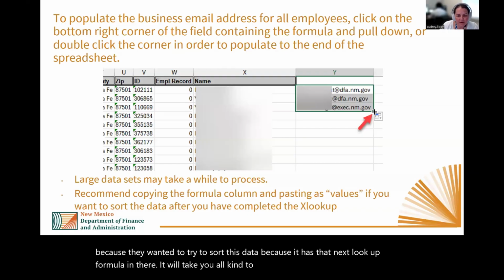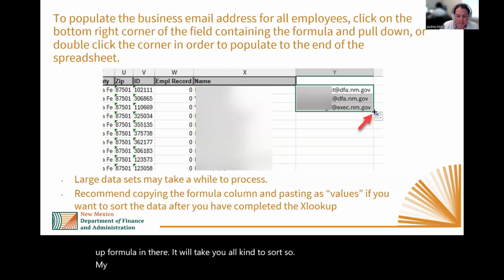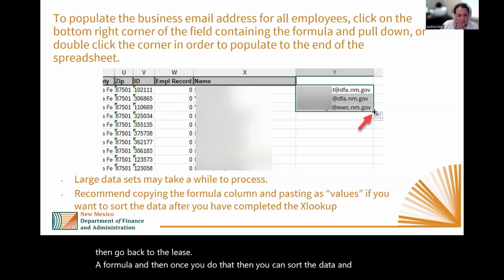So my advice is to copy the data you want, paste it in a separate column as a value field, and then go back and delete the column that contains the formula. And then once you do that, you can sort the data and it won't hang up your Excel.